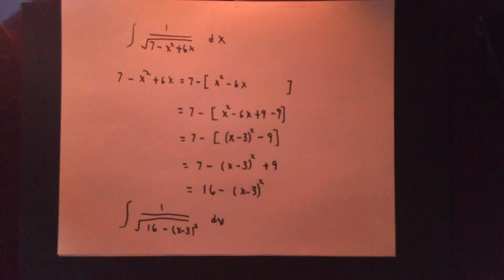After completing the square, the thing that I'm integrating is 1 over the square root of 16 minus the square of something. The something, the x minus 3, will be the u. U is going to be 4 times sine theta.